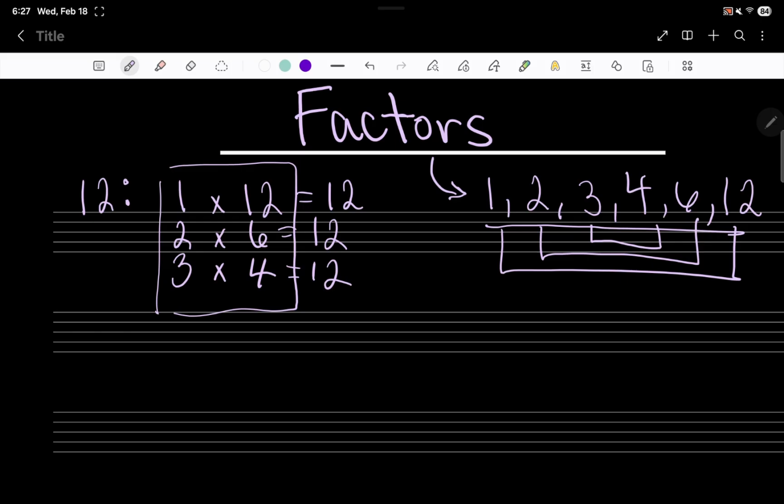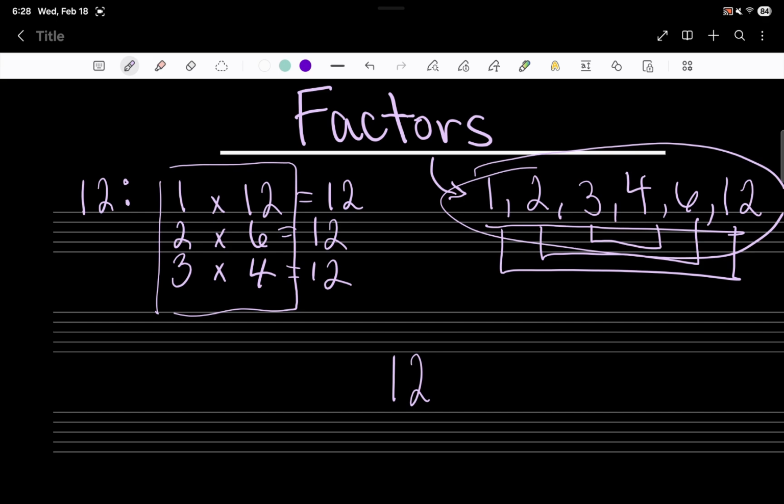Another way to know that it's a factor of 12 is to see if the number divides into the number evenly. When I say divide evenly, I mean we can take each of these terms and divide it into 12 to get an even number with no remainders.